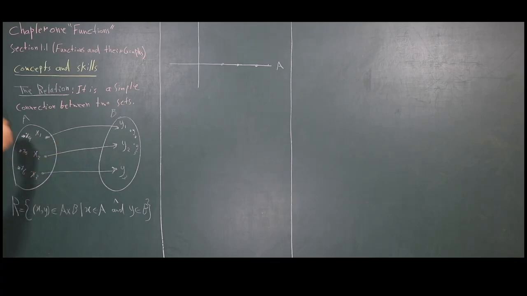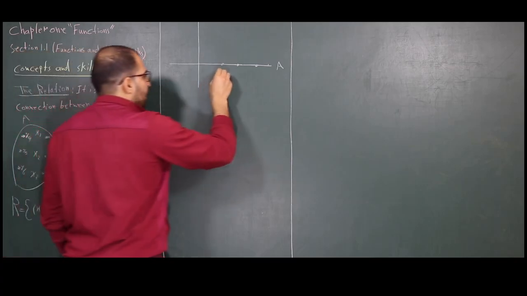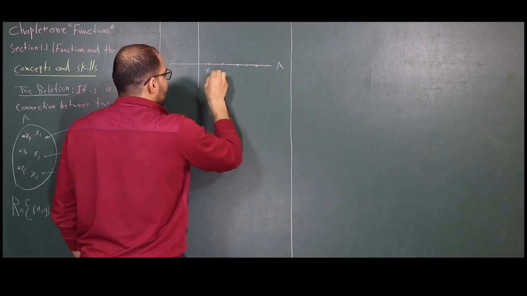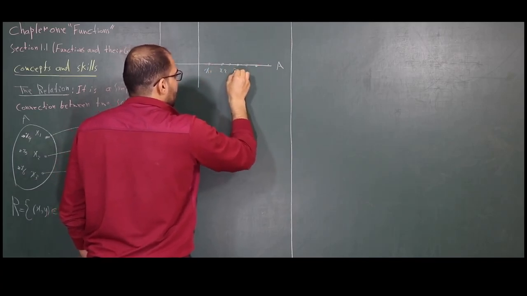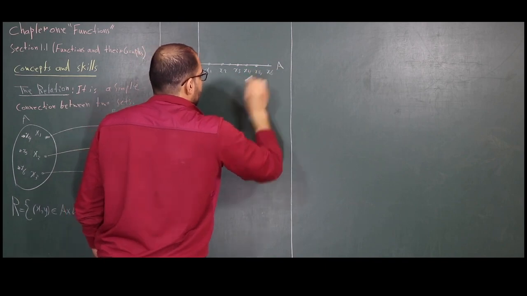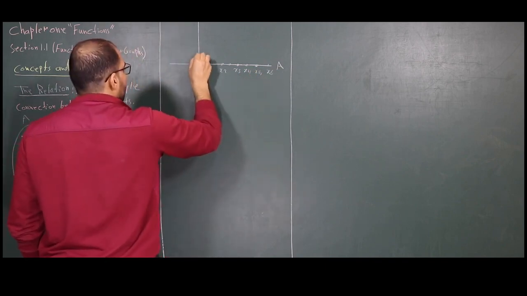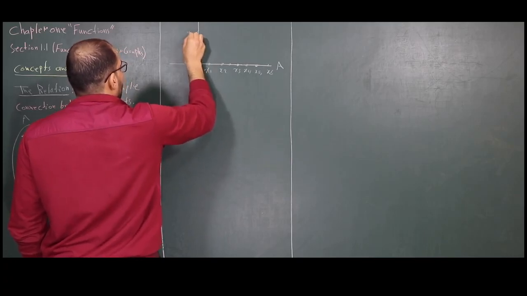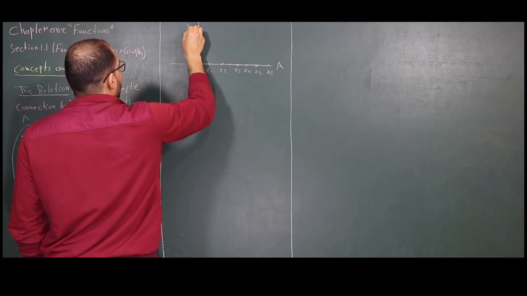So x1 through x6, and here y1 through y5.